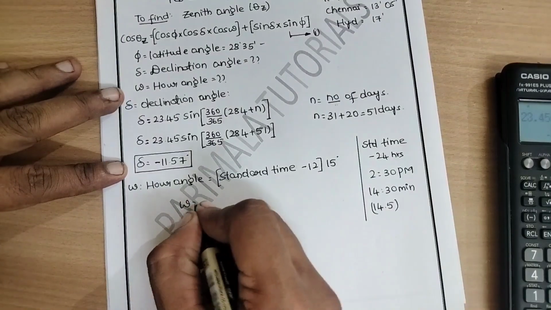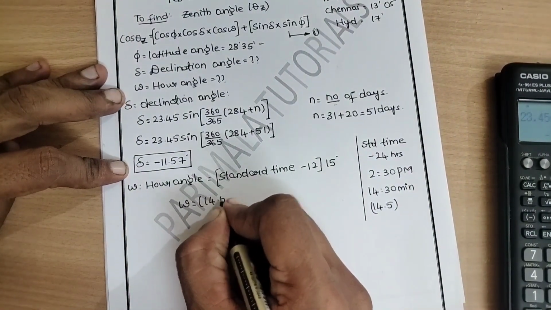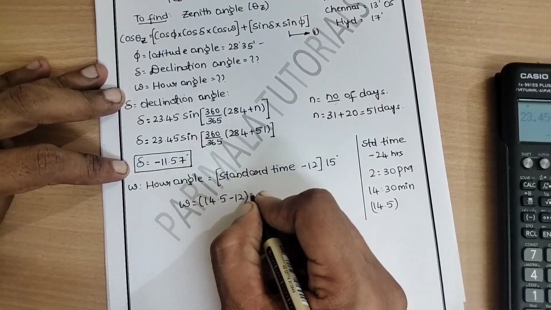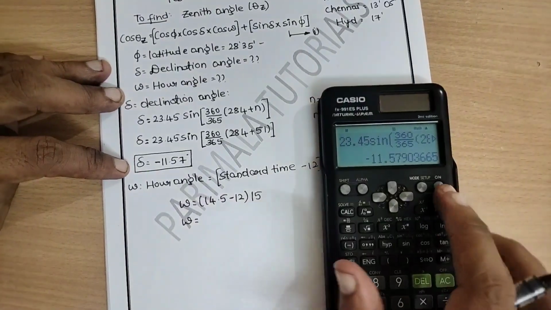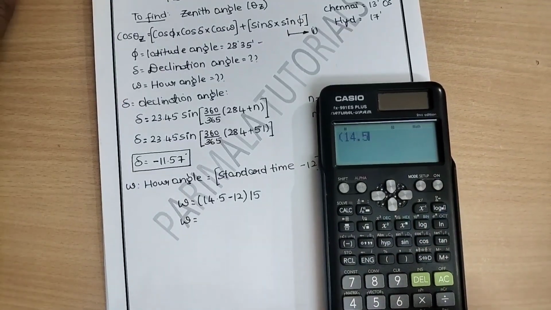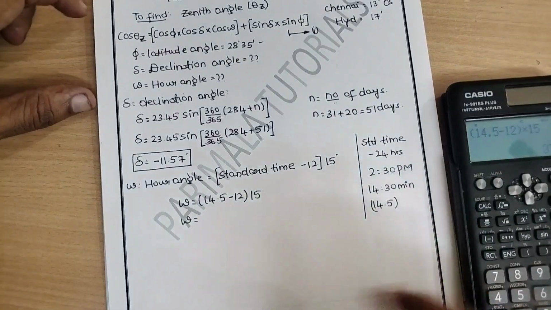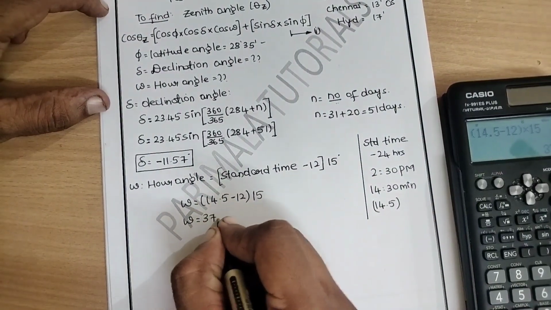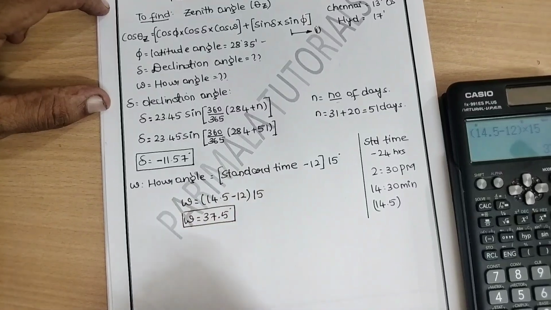So omega is equal to 14.5 minus 12, into 15. The value is 37.5. It is clearly the hour angle, so the unit should be degrees.